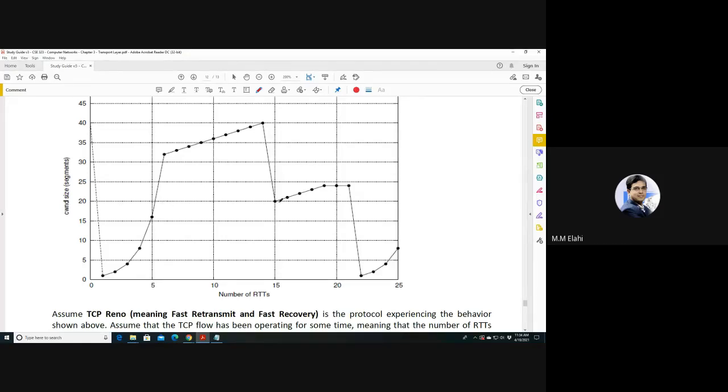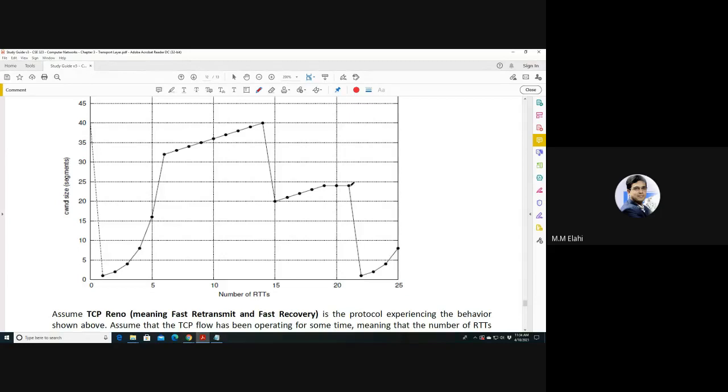Since we already reached the threshold, it will again increase sequentially, not exponentially. If it is below the threshold, then it will increase exponentially. So it increased sequentially.